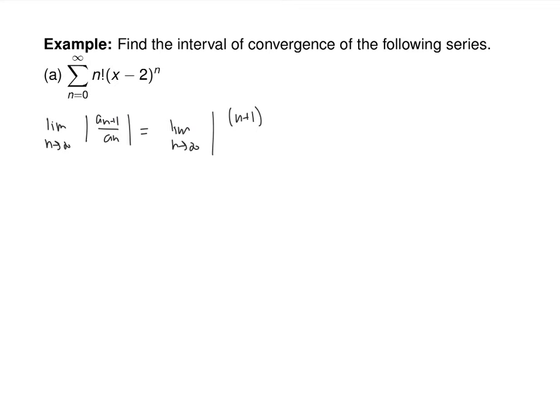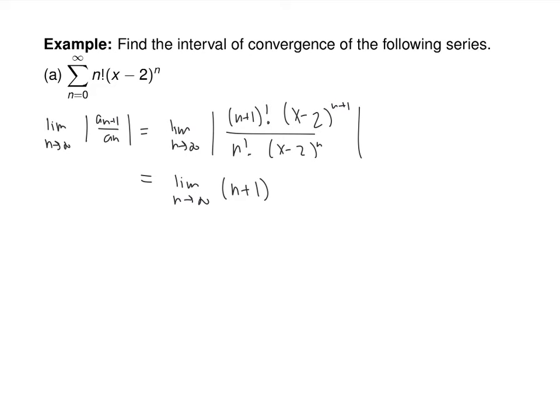So (n+1) factorial times (x-2)^(n+1), that's a_(n+1), over n factorial times (x-2)^n. Well, (n+1) factorial over n factorial is n+1, and then (x-2)^(n+1) over (x-2)^n is x-2. And this limit is going to be infinite, which is definitely bigger than 1 if x is not equal to 2.